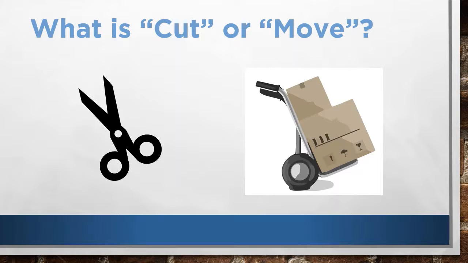Well, the same thing happens with text in Word. You would select the text, click the Cut button, and it goes to memory, the clipboard, and it waits for you to tell it where to go to its new location. But once you place it in that new location, it won't be back in the old location.